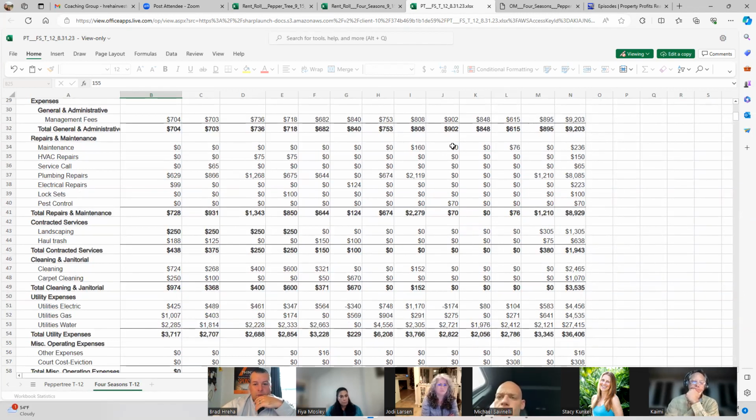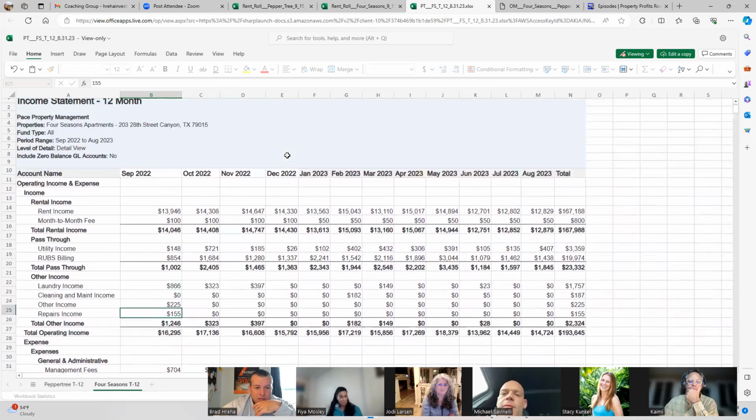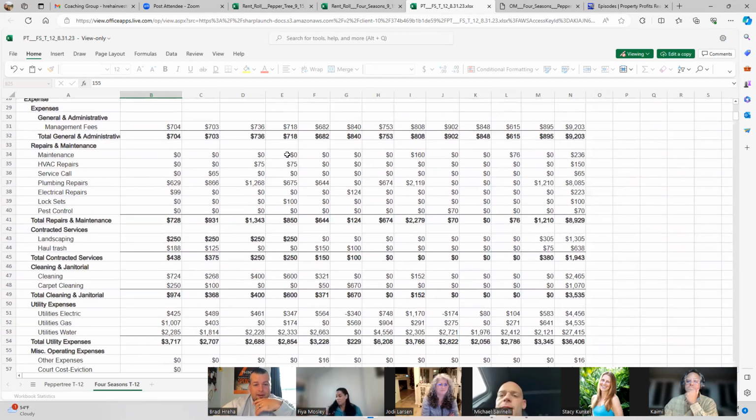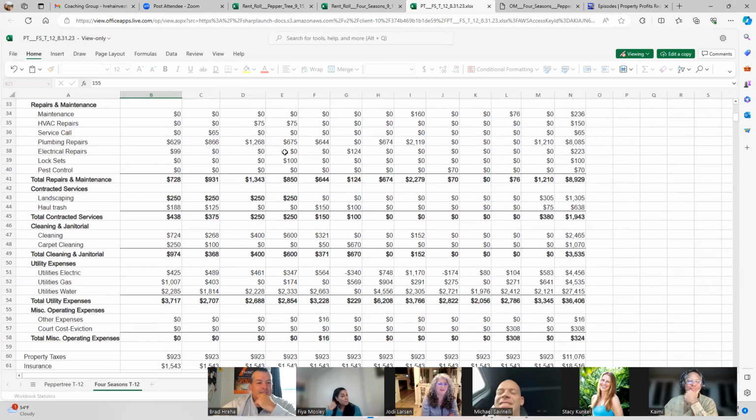Big concern that there's no maintenance going on. I mean, very little anyway off of our old property. Right, one month. HVAC repairs in November and December. One service call all year.